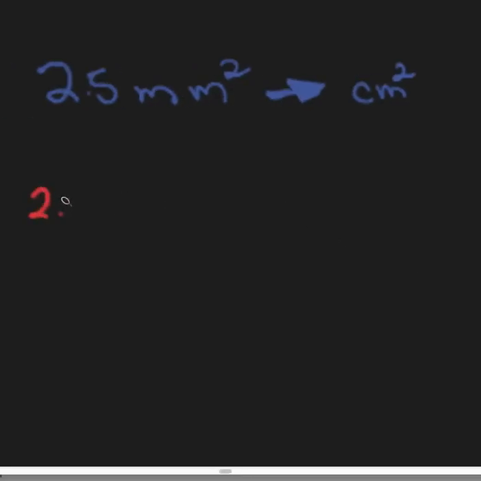Okay, let's look at this one here, just overemphasizing things. 2.5 millimeters squared. If you don't know that there are 10 millimeters in 1 centimeter, then you would need to go to meters first and then back to centimeters. But that's a lot of work.